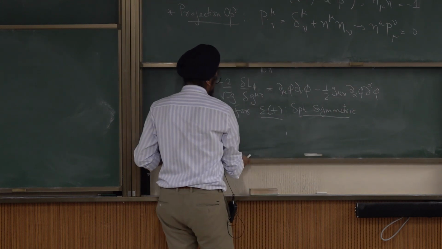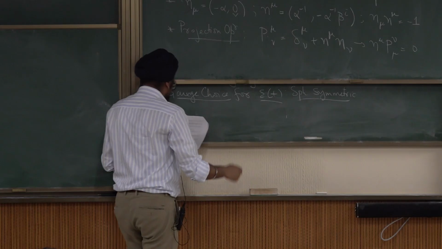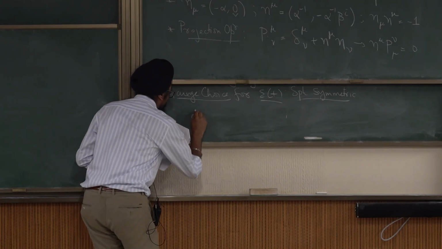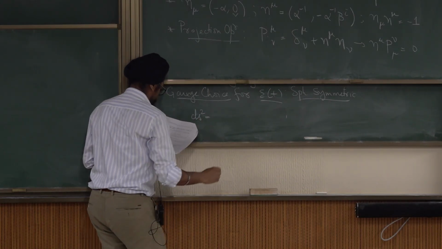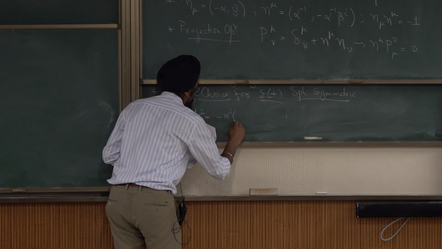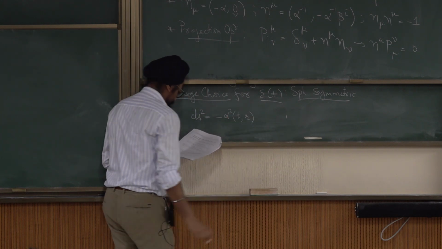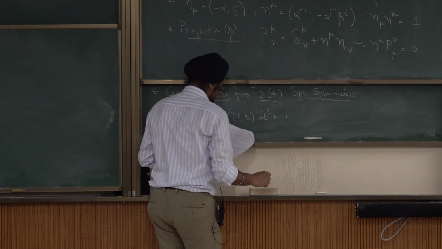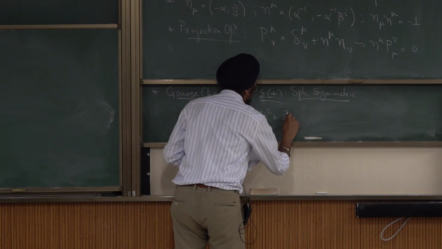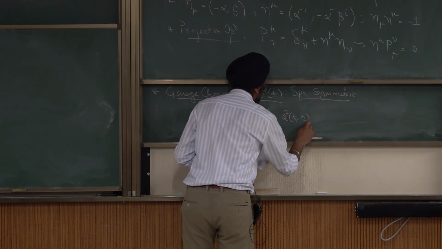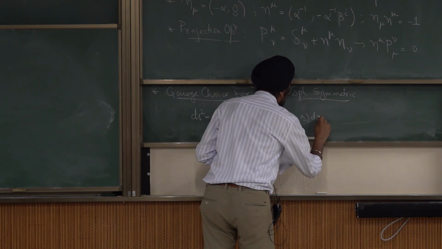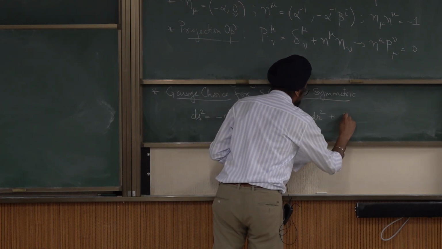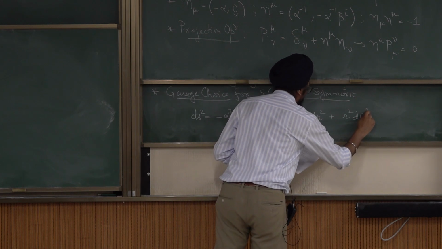In this particular case, the line element is given by ds^2 equals minus alpha^2, just a function of t and r, dt^2, plus a^2 of t and r, dr^2, plus r^2 d Omega^2.